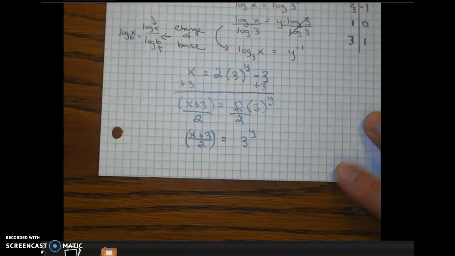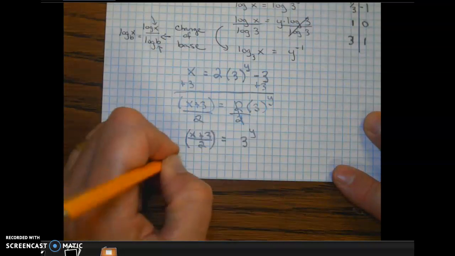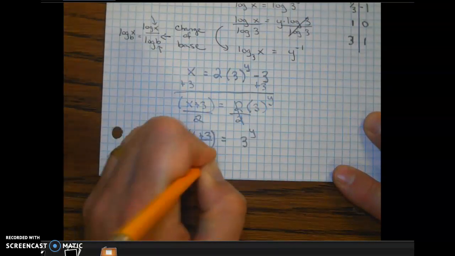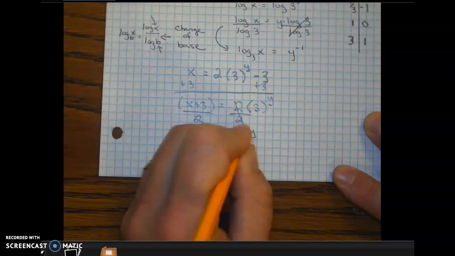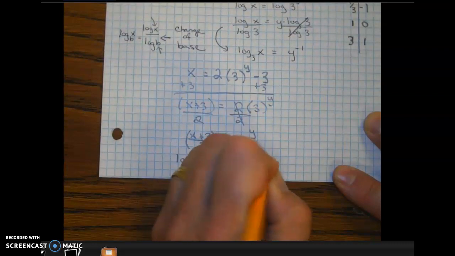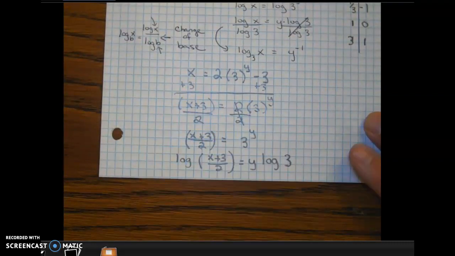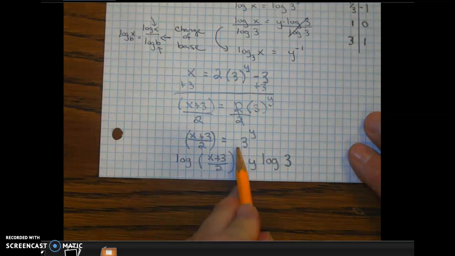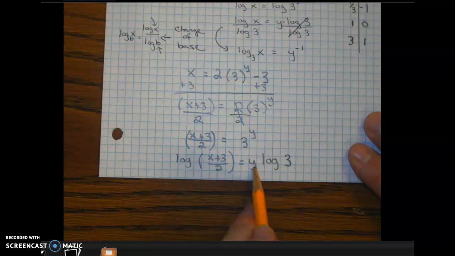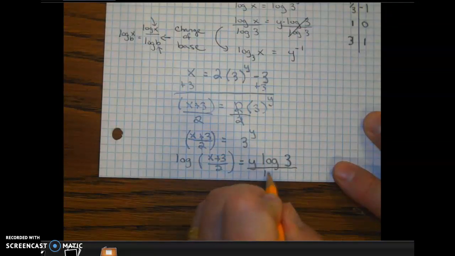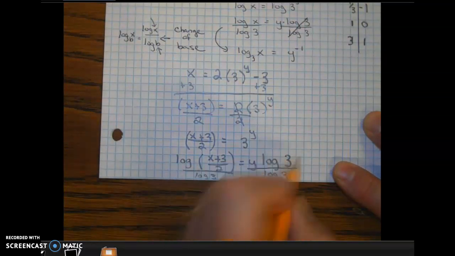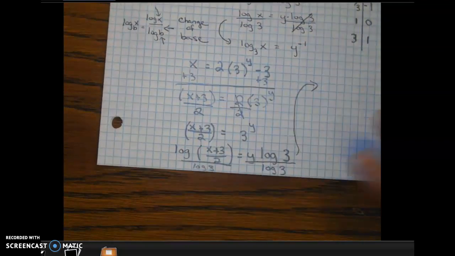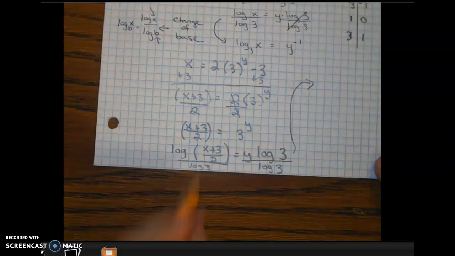And since this is kind of a group here, I'm going to put a grouping symbol around it. So we're going to take the log on both sides because we want to get that exponent down front. I did a couple steps here. Make sure you understand I took the log on this side, which allowed me to use the power property and bring that y down front. Then we're going to divide both sides by the log of 3. And then let's come on up here. Now we're going to use the change of base.